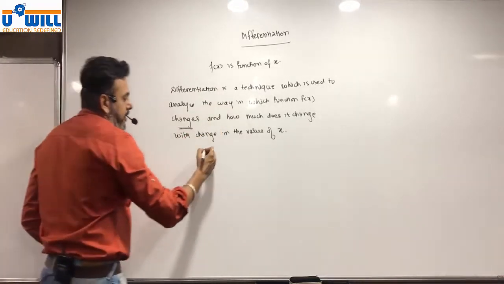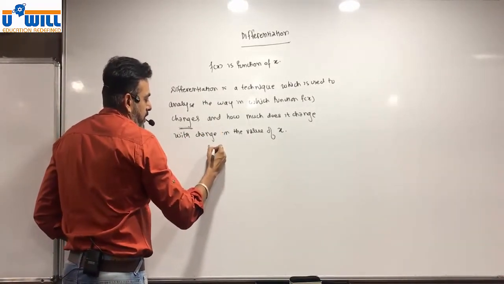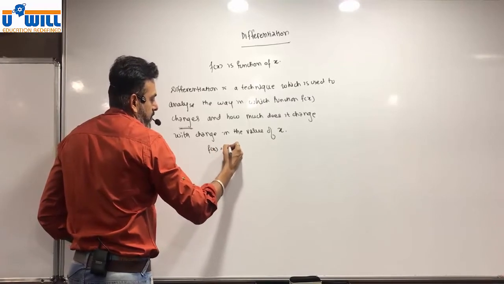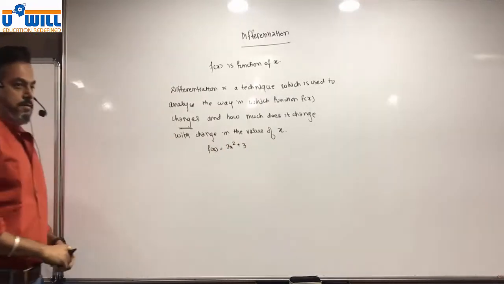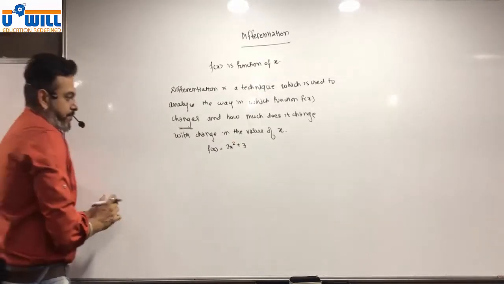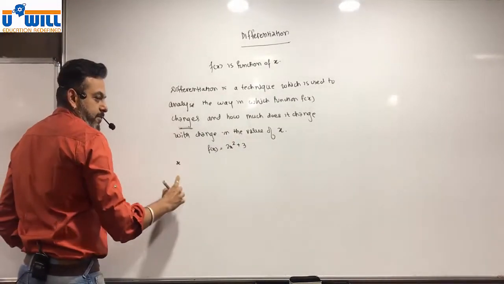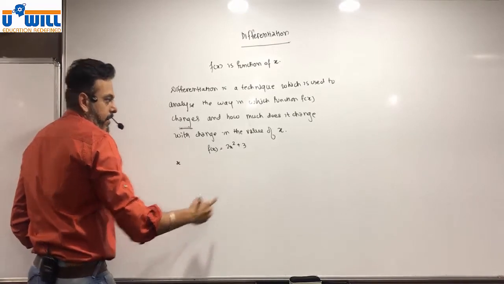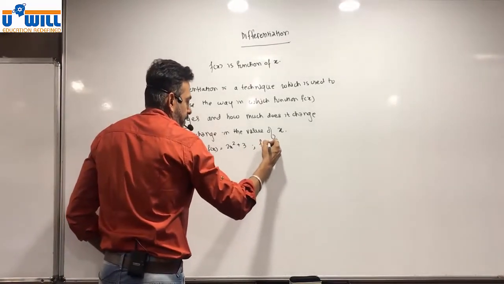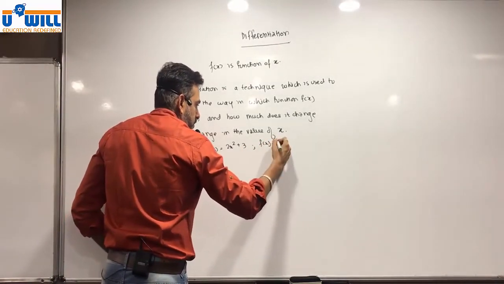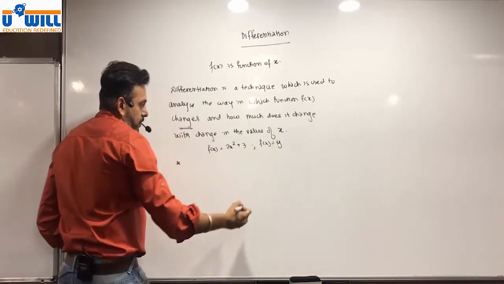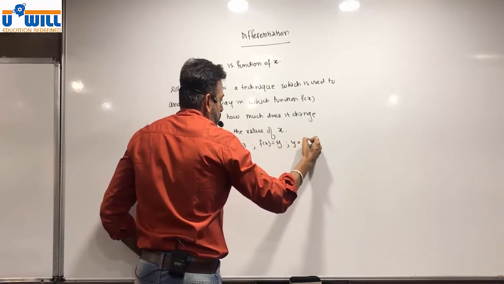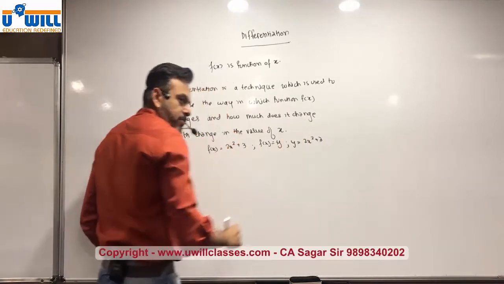We take a function f of x is equal to 2x square plus 3. Here we take f of x is equal to say y, or we can also say y is equal to 2x square plus 3.